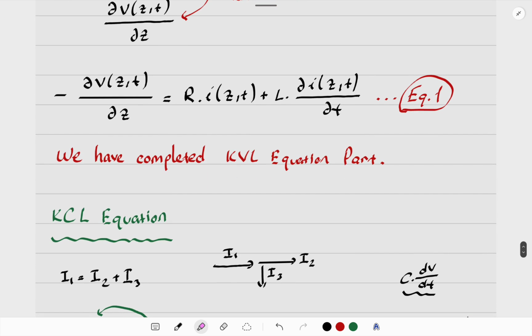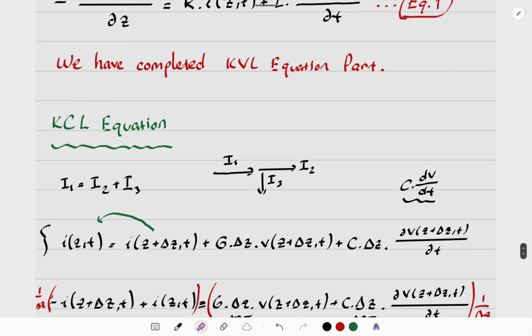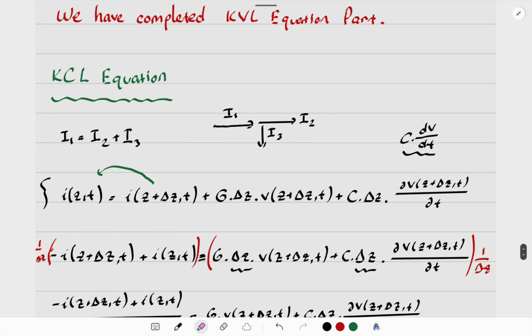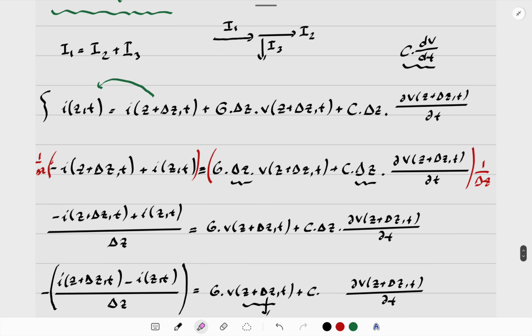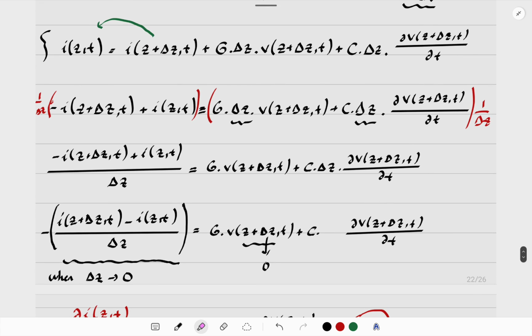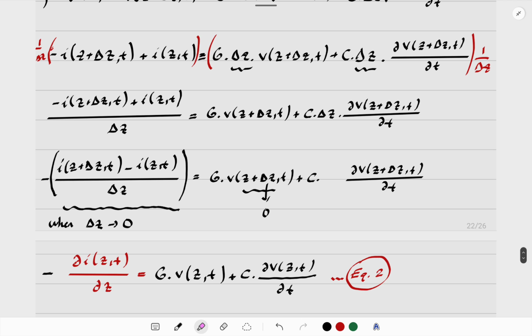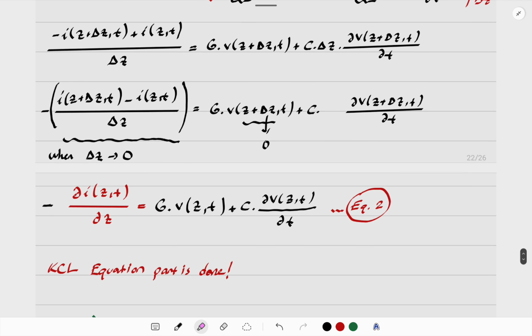For the KCL equation, we said that I1 equals I2 plus I3, and we remembered that it looks very similar to the KVL equation. The approach is very similar, not the answer, but the approach. When delta z goes to 0, we have del I(z,t) over del z equals G V(z,t) plus C del V(z,t) over del t, for equation number 2.